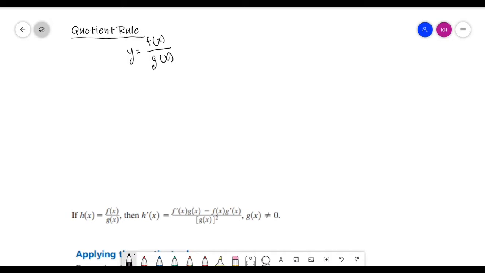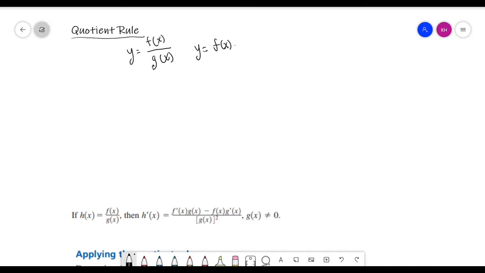The quotient rule is a rule that is primarily derived from the product rule. And how do we do that? So let's take a look at this. Let's say I write the same function y equals f of x over g of x as a product. So I'm going to write f of x, and I'm going to bring the g of x to the top as a numerator with a degree of -1.